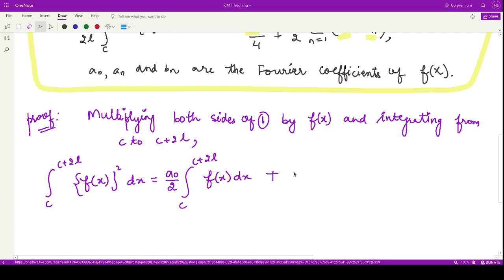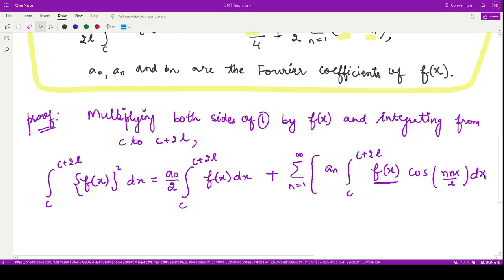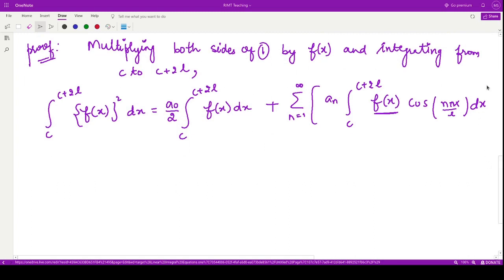Then you have summation n varies from 1 to infinity of a n, integration c to c plus 2l of f of x, which we have multiplied by, cos of n pi x upon l dx. This is the first quantity, and in a similar manner your last quantity would be summation n varies from 1 to infinity of b n.